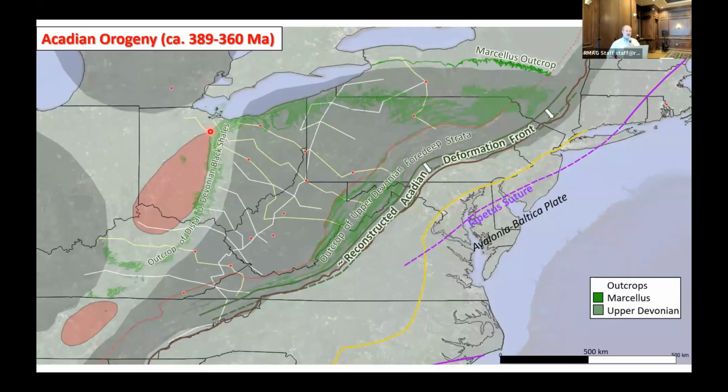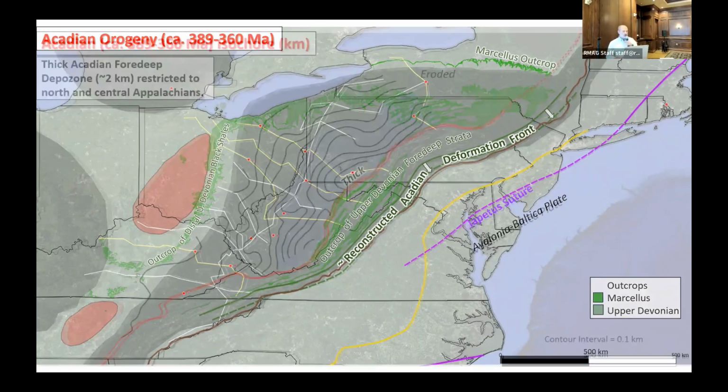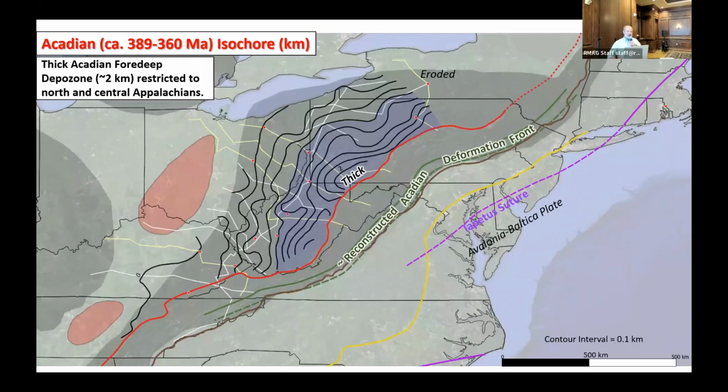This is the outcrops of the Devonian foredeep deposits. This is the Marcellus outcrop. And this is the suture that was associated with the docking of Avalonia. Again, here's an isochore up to 2 kilometers of thickness here. And you see that's restricted again to the north and decreasing to the south.